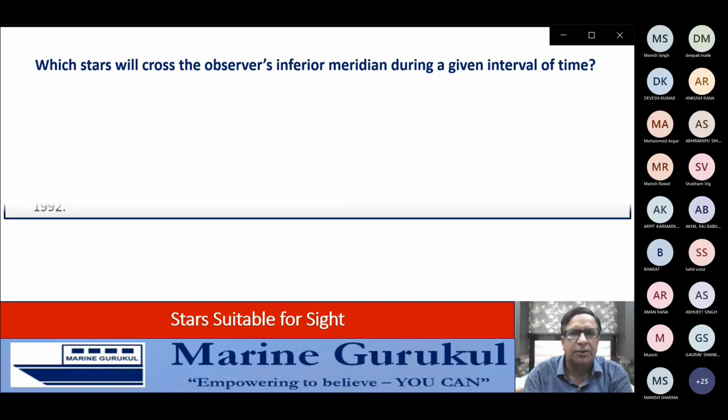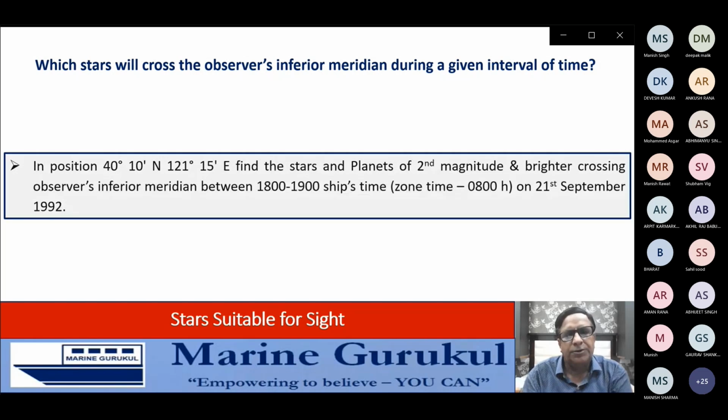Say for example, this question. In position 40 degrees 10 minutes north, 121 degrees 15 minutes east, find the stars and planets of second magnitude and brighter crossing the observer's inferior meridian between 1800 hours to 1900 hours ship's time, zone time -8 hours on 21st September 1992.